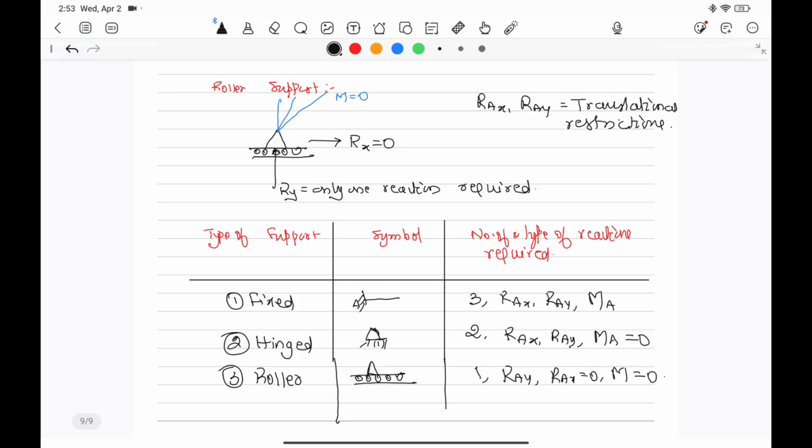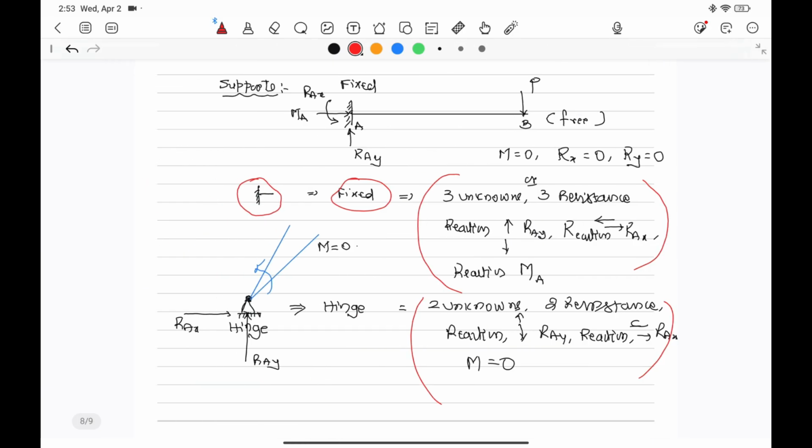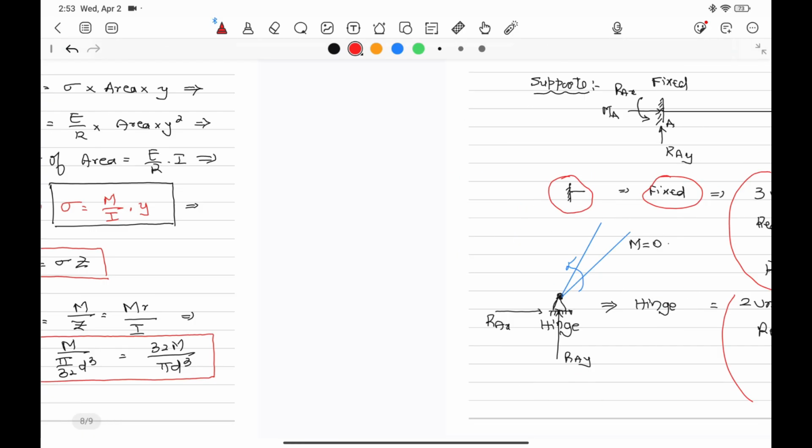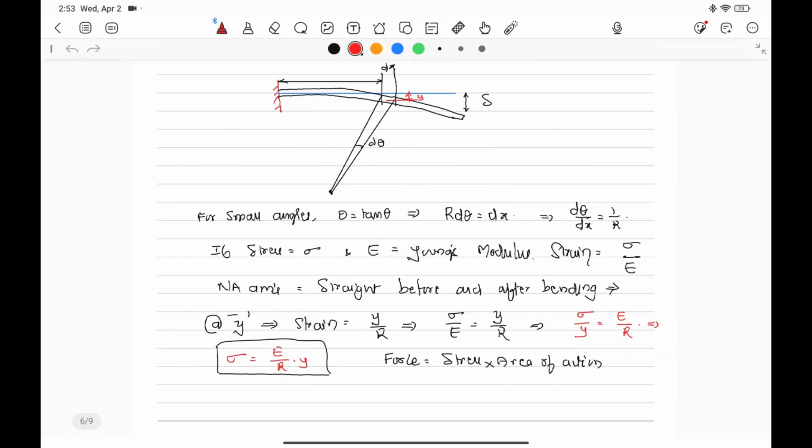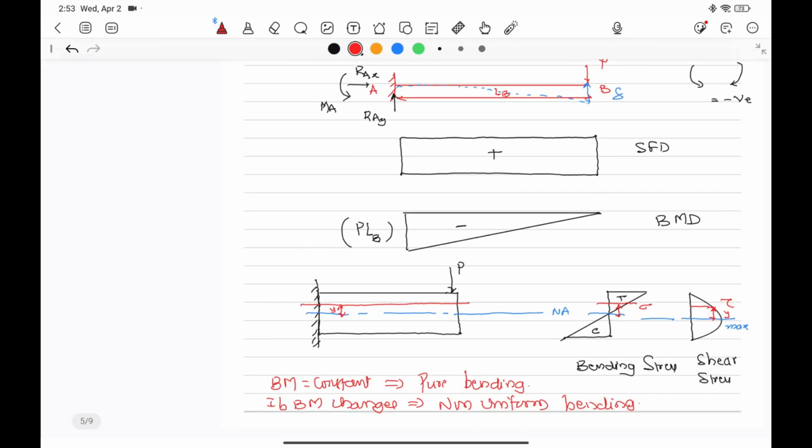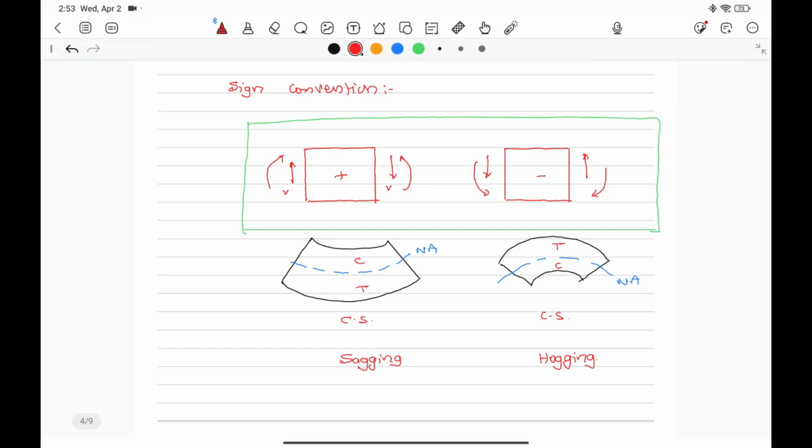This table, please remember this table and please understand this table. Now, the types of supports is over and the sign convention is over. Now, we will go to the understanding of the sagging and hogging moment. I feel you have understood well.